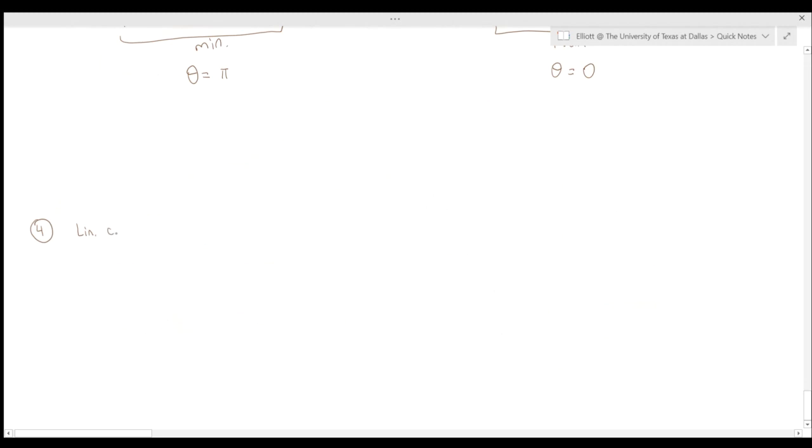So I want to recall the notion of a linear combination in particular.